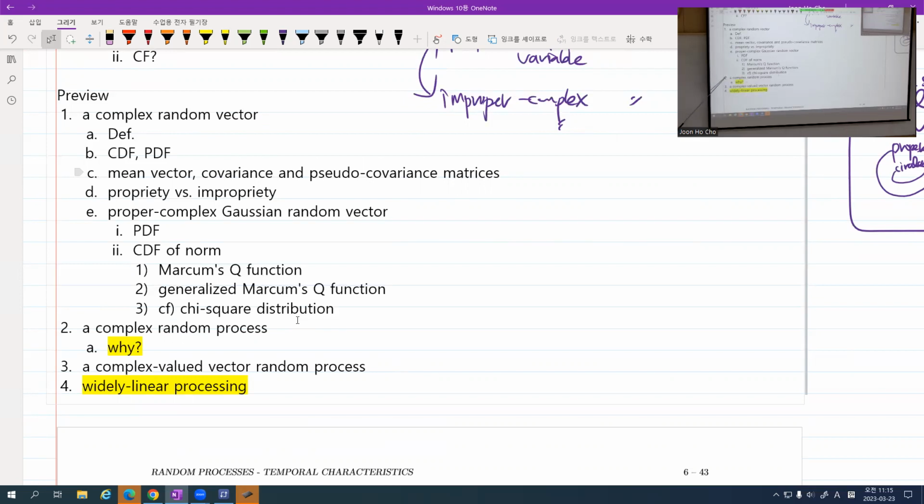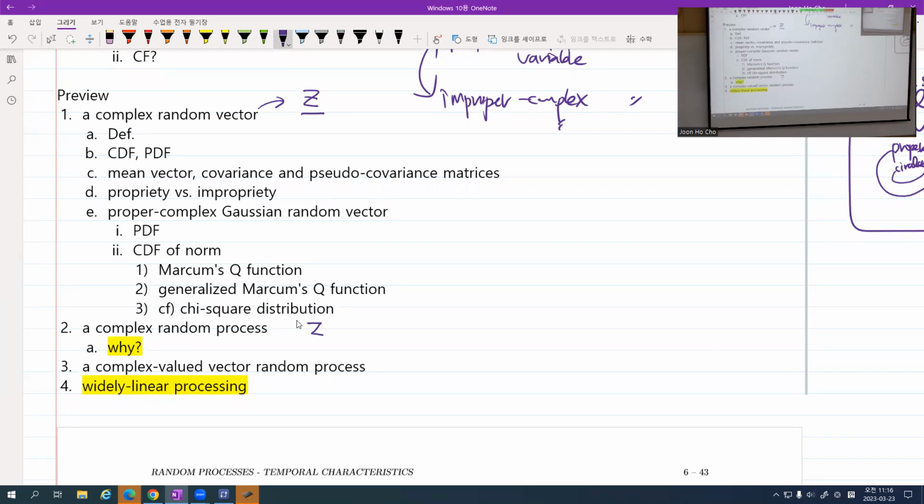And we also study a complex random process, or some people love complex valued random process. And here goes something strange, complex valued vector random process, or some people say complex vector valued random process. And I will denote this by Z underlined.